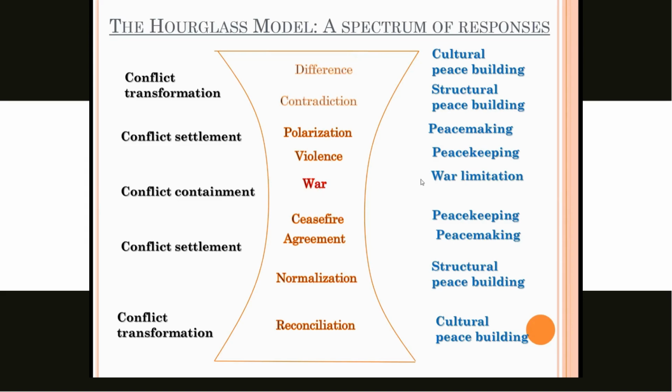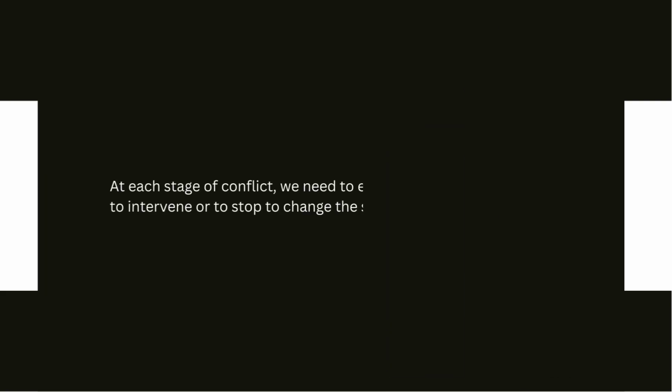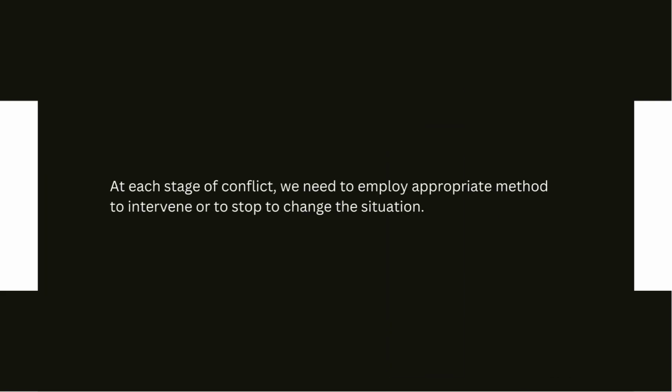Depending on what stage the conflict is at, you employ different approaches. When violence is still ongoing, you need peacekeeping. Whereas when the violence has stopped, you may need peacemaking and peace building. At each stage of conflict, we need to employ an appropriate method to intervene, to stop, or to change the situation.